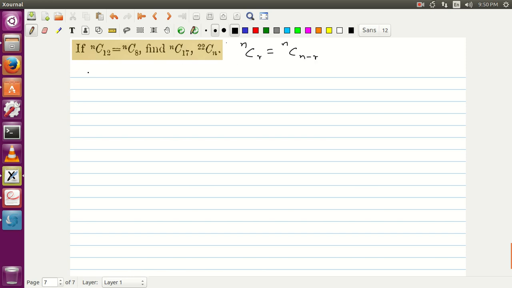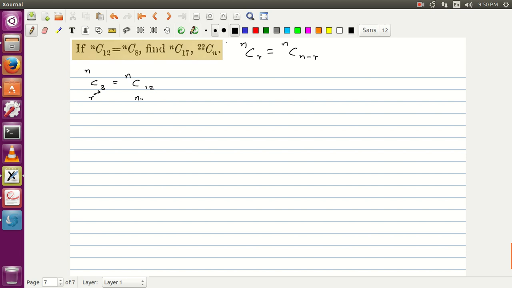And now watch carefully here. It is given that nC8 is equal to nC12. So if r is equal to 8, it means n minus r. So let's say that this is r. So what will this be?